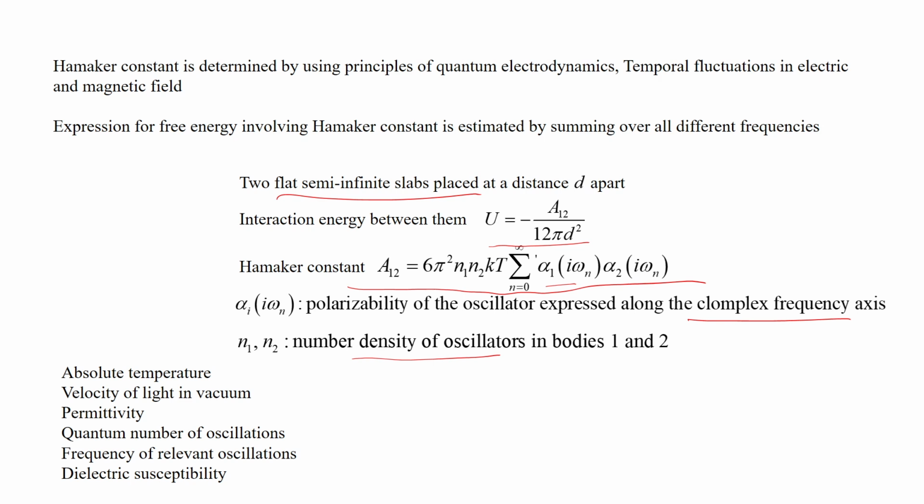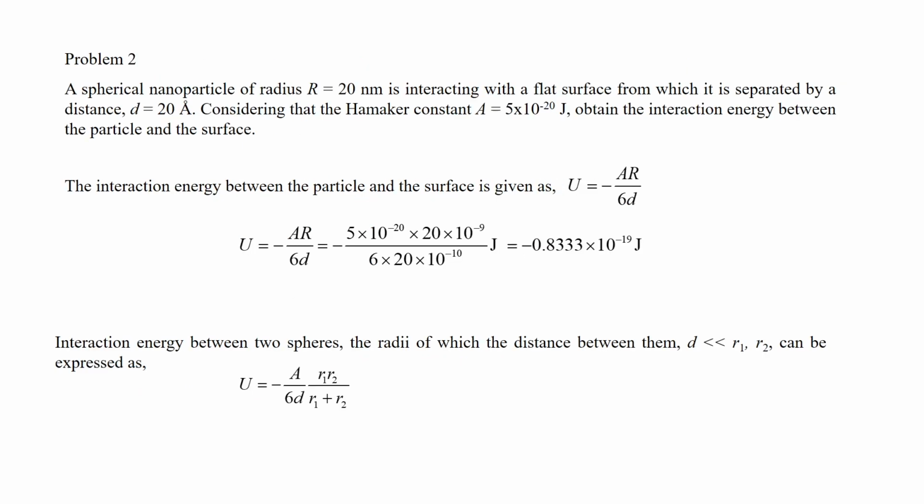So, those theories are there, and you will see that this A12 depends upon absolute temperature, velocity of light in vacuum, permittivity, quantum number of oscillations, frequency of relevant oscillation, and the dielectric susceptibility. That is the way these relations are set, and one can actually estimate it. For our examples, we will get the A12 Hamaker constant from literature if we need it. That is not a problem.